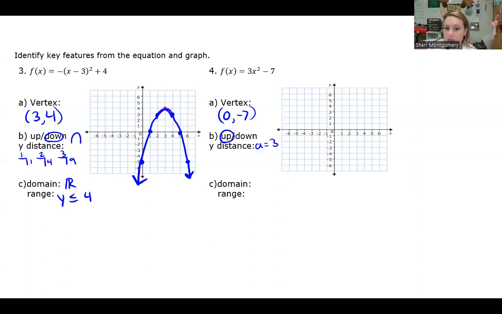3. So if I'm looking at my X distances, we're facing up, so we're going to move up. I would go over 1 and then up how many? 3. So I go up 3 and then I would go over 2. Normally I go up 4, but I wouldn't go up 4.